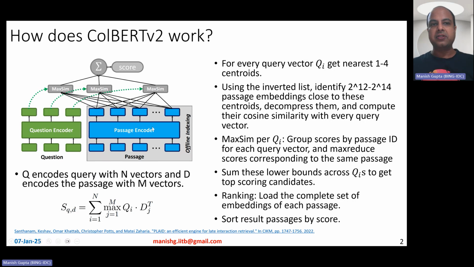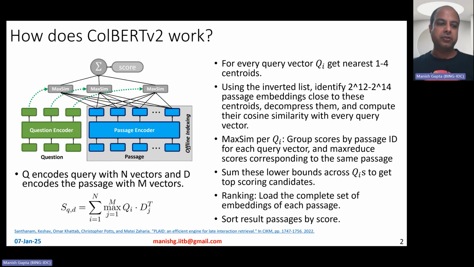Okay, so that's that. So basically the way ColBERT works, for every query token, you basically try to first get centroids. So in ColBERT v2, essentially they have this notion of centroids where rather than storing document tokens and looking up document tokens, they actually store centroids in the nearest neighbor index. So essentially for every query vector, you try to figure out distances, closest nearest neighbor, 1, 2, or 4 centroids, right?